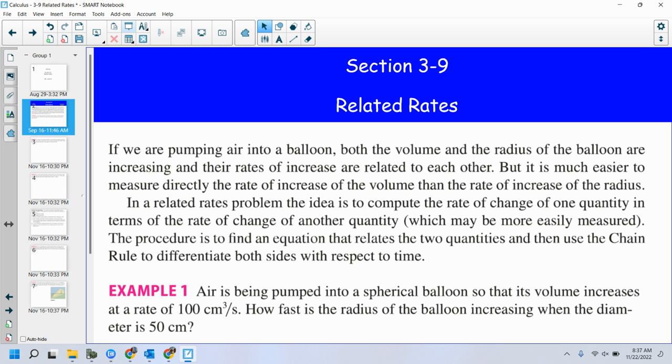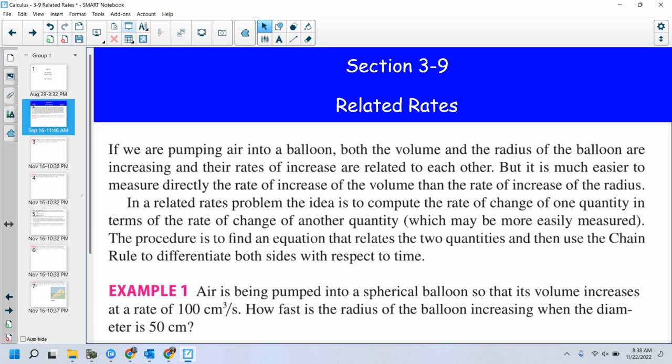Think about pumping air into a balloon. Both the volume and the radius of that balloon are increasing at their rates. And those rates of increase are related to one another, right? As I increase the volume of the balloon, the radius is increasing by a steady amount as well.